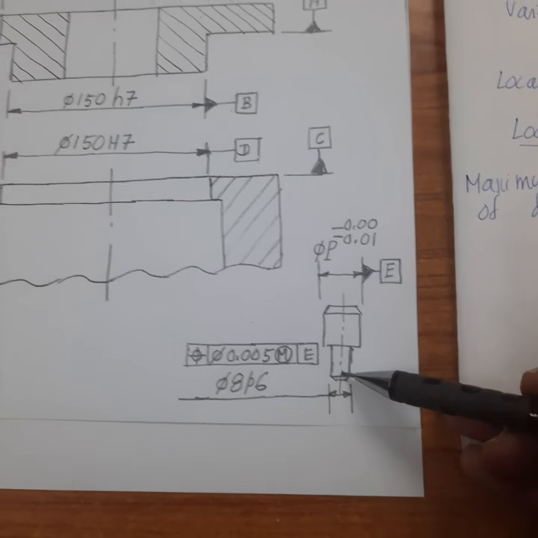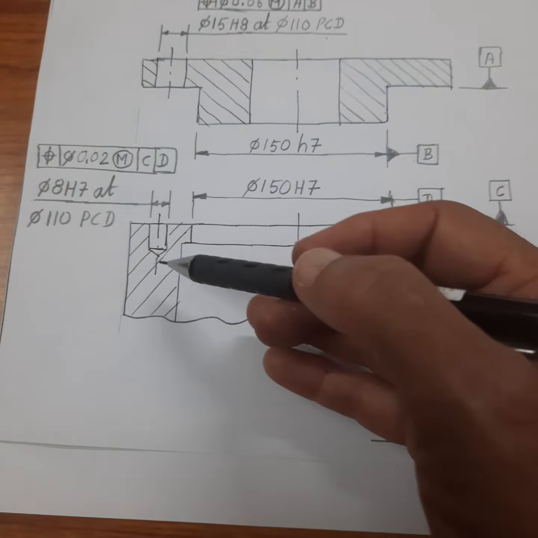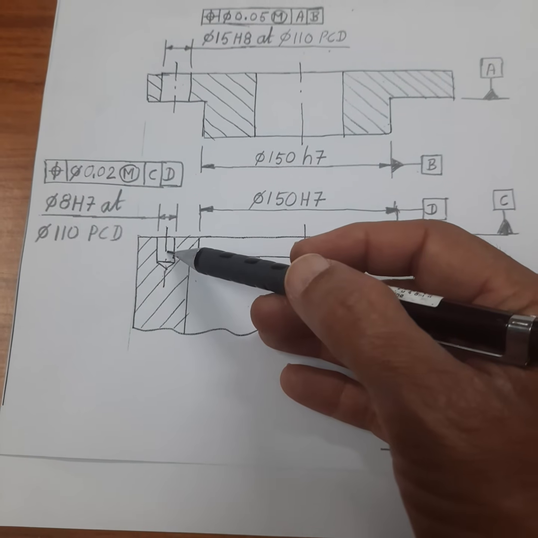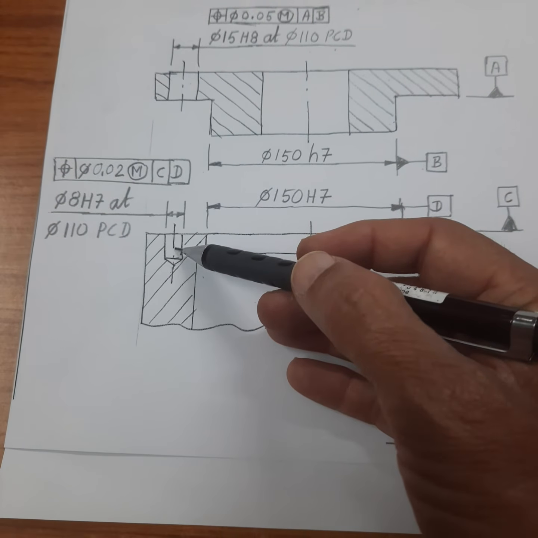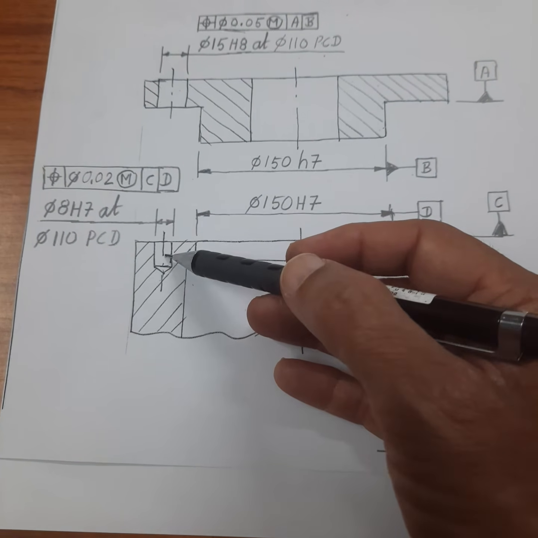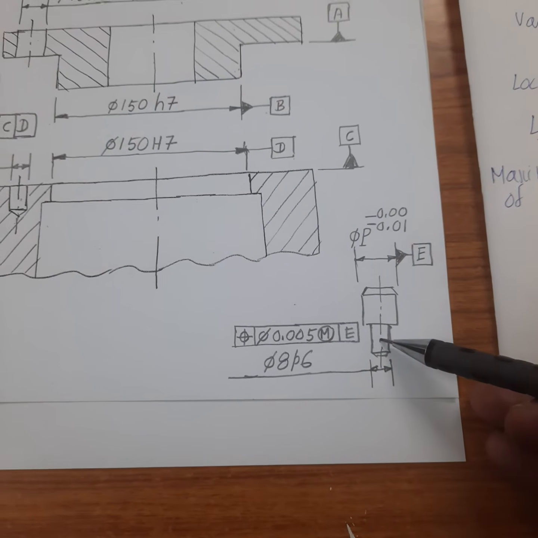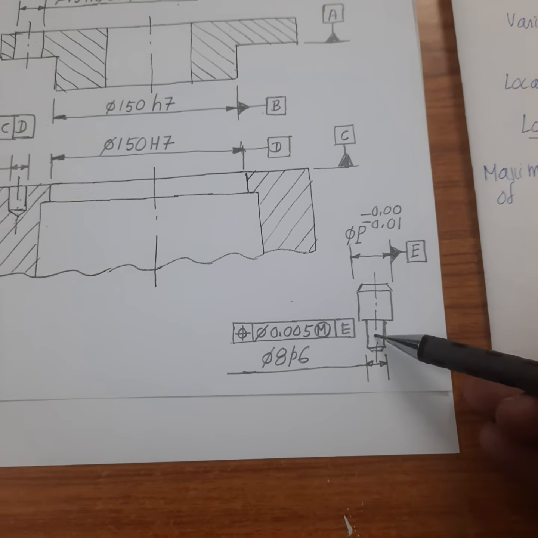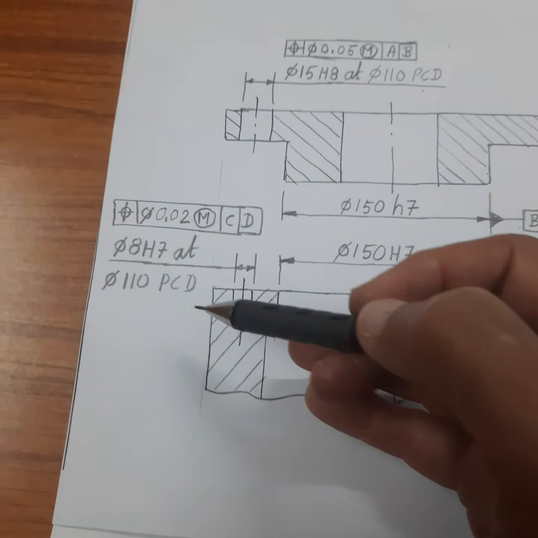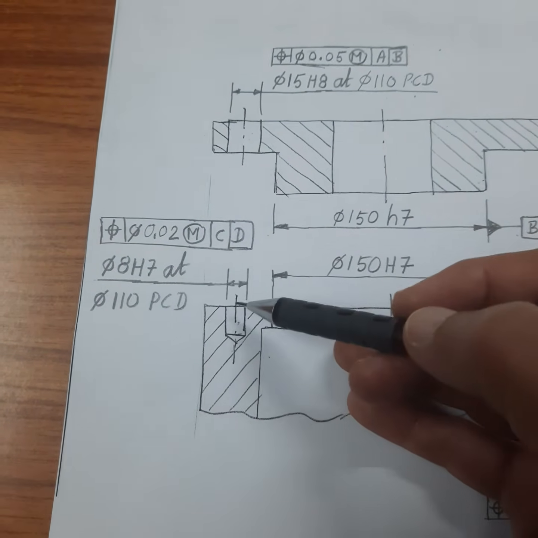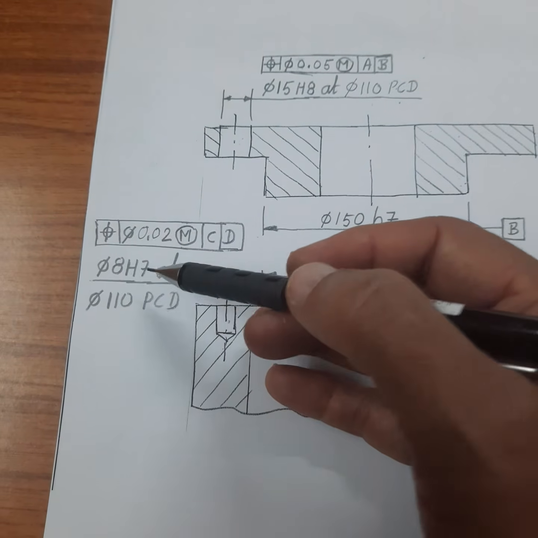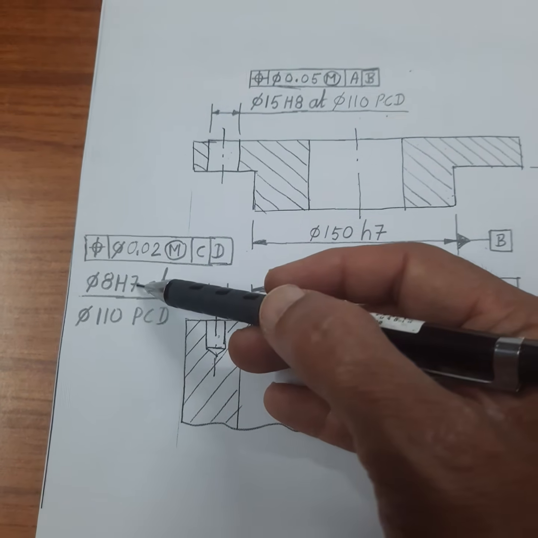The smaller diameter of the pin will get assembled with this hole on the fixture. So between this diameter of the fixture and this diameter of the pin, we have to choose an interference fit. So this diameter is chosen as 8 with a tolerance of H7.